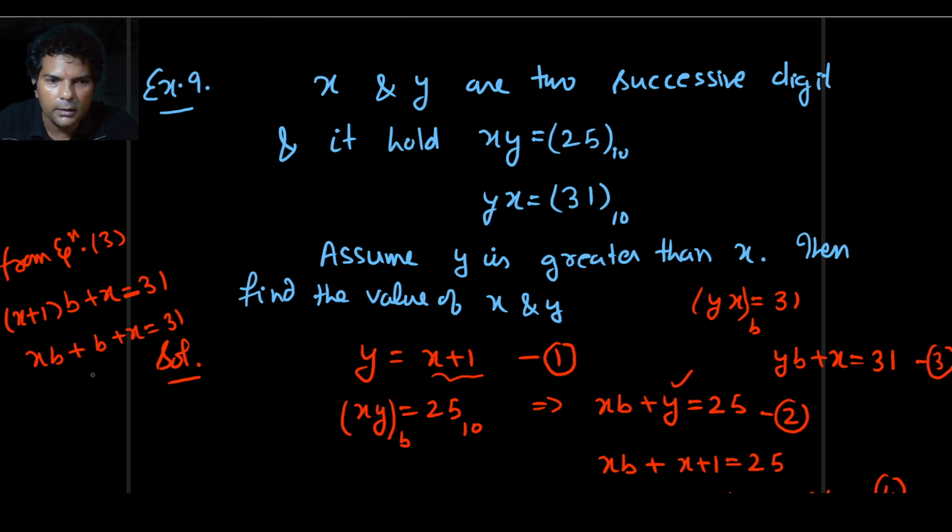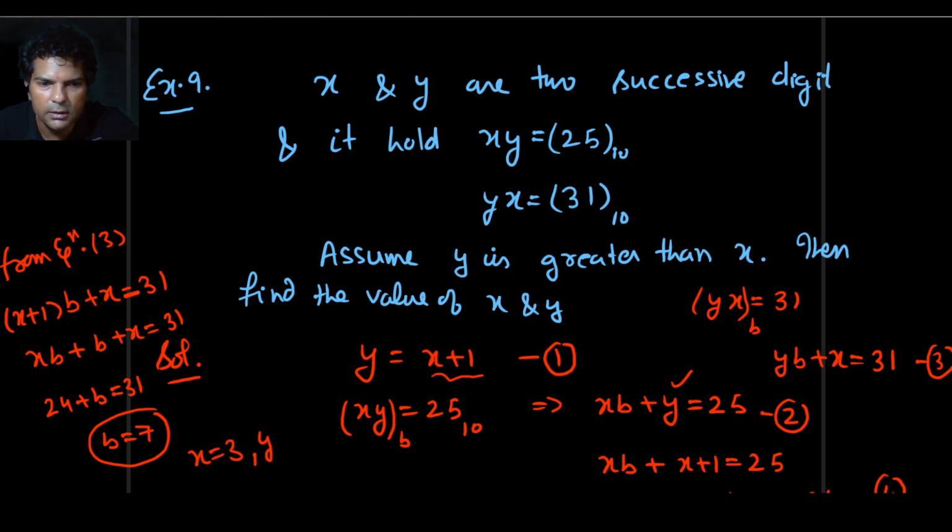Now xb plus x is equal to 24, so 24 plus b is equal to 31, and b is 7. So the base is 7, and then the x value is 3 and the y value is 4.